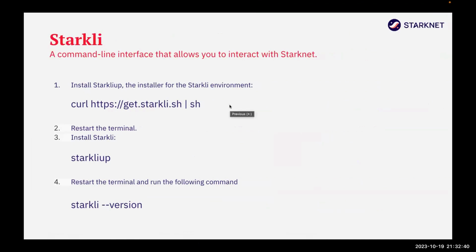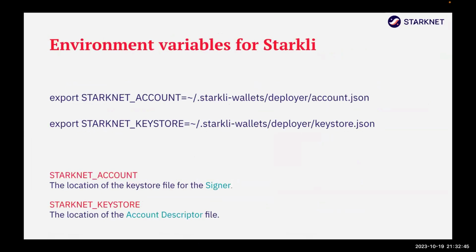After installing Starknet, you have to set up these two environment variables: one for the location of the keystore file for your signer, and one for the location of your account descriptor. Our wallet will handle these files, and these are the two parts of our wallet.